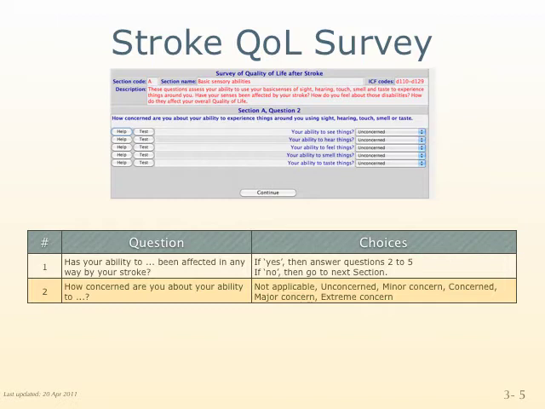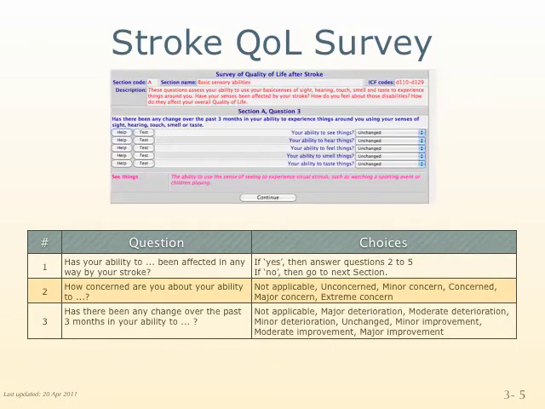Note how the survivor is able to click a button to receive a better explanation of the meaning of the question or the disability item. Here we see a screenshot of question 3, which asks about the survivor's perception of changes, either deterioration or improvement, for disability items in the current survey section.